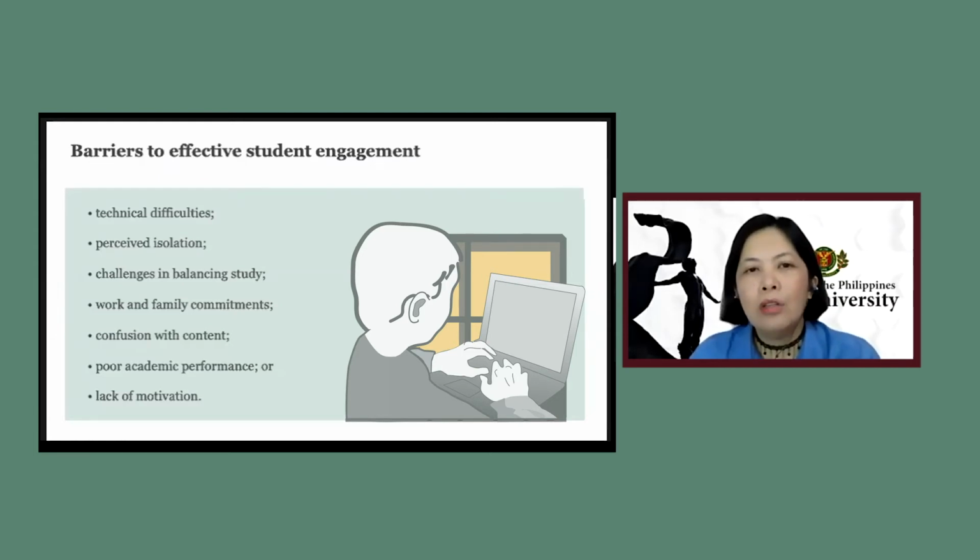And this kind of setup will actually lead to that perceived isolation. They would feel that they are all alone, and they have no one to turn to when they are having difficulties in their learning process, or even if they're having difficulty in just the modality.